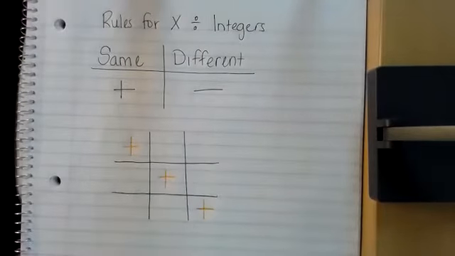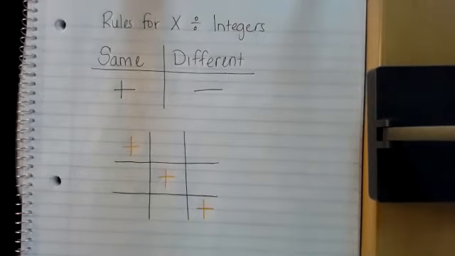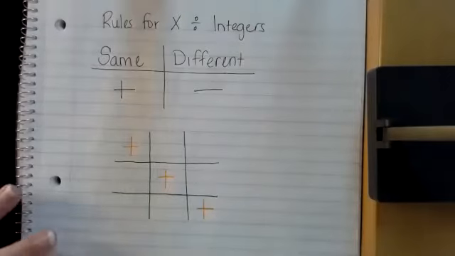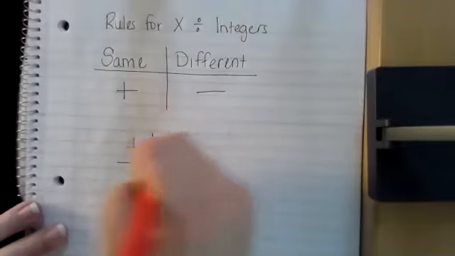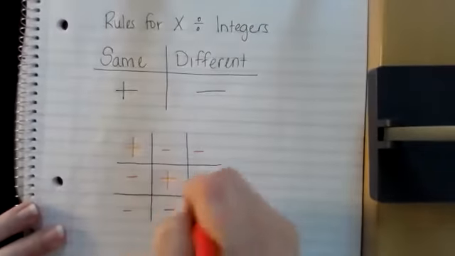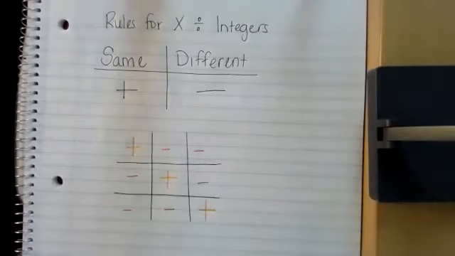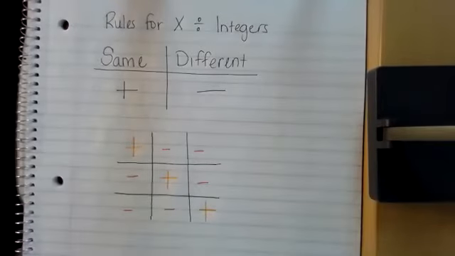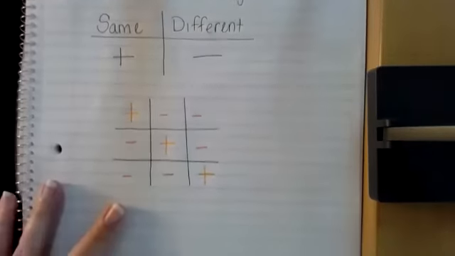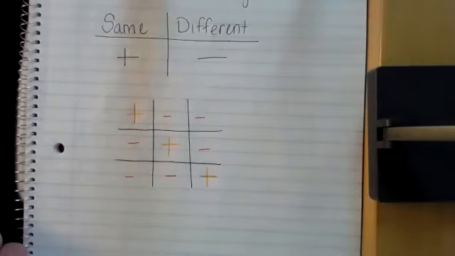Just like that. Everywhere else is a negative. And let me show you how to make this work. No matter where you go on this tic-tac-toe board, it will give you your answer.